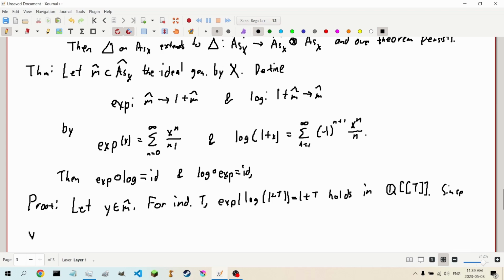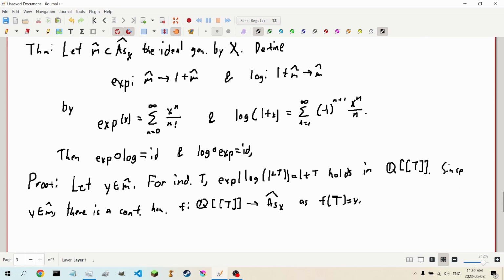Since y is in M hat, there is a continuous homomorphism f from Q[[t]], the power series ring in t over Q, to the completion of the free associative algebra on X, as we essentially just turn every copy of our t into y.